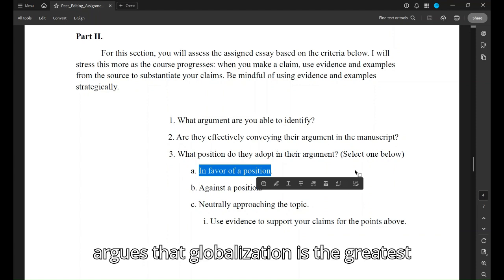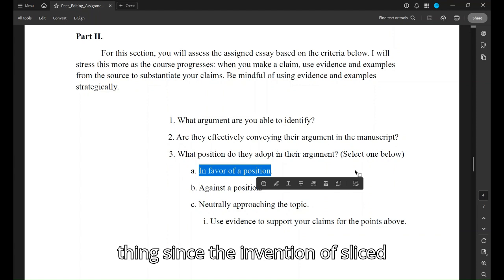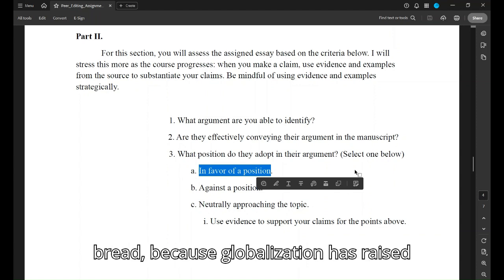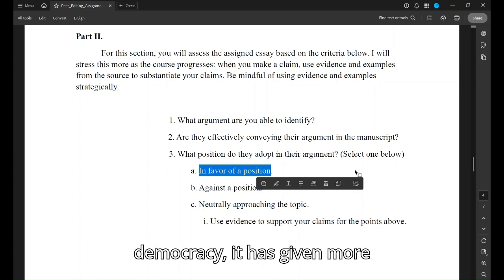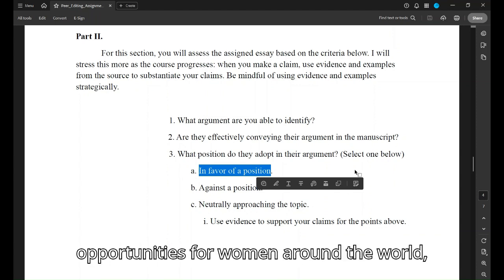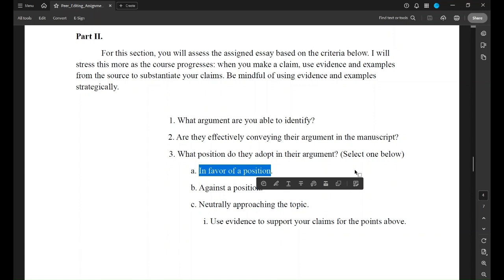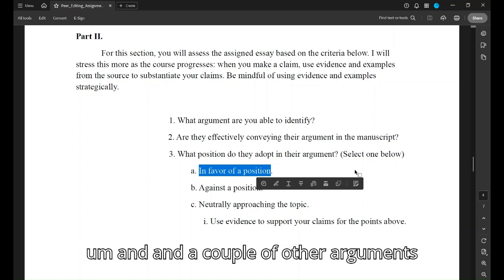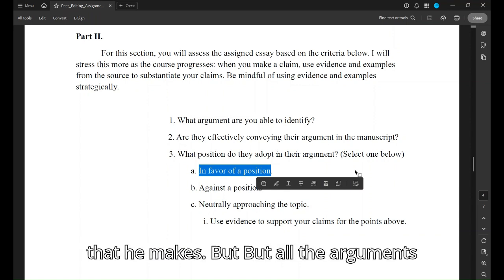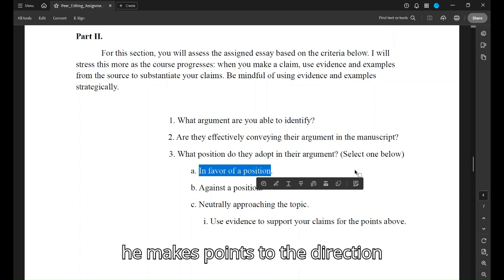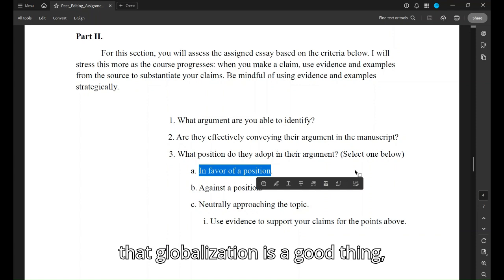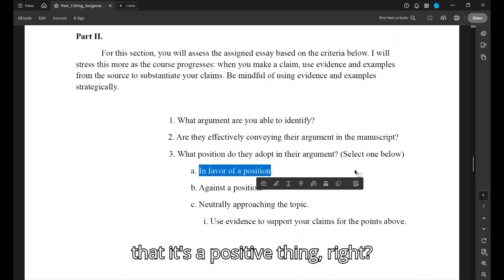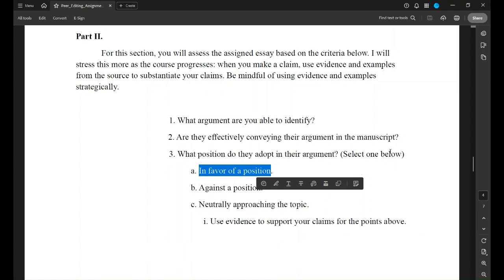And he argues that globalization is the greatest thing since the invention of sliced bread, because globalization has raised living standards, it has spread democracy, it has given more opportunities for women around the world, and a couple of other arguments that he makes. But all the arguments he makes point to the direction that globalization is a good thing, that it's a positive thing, right?